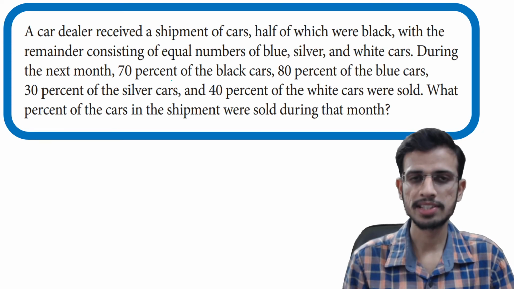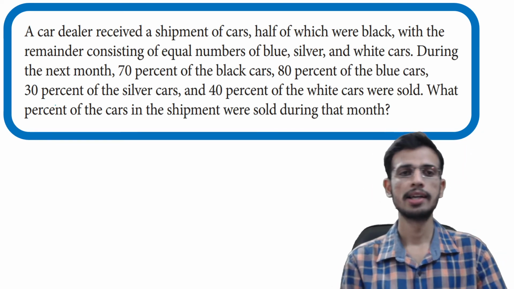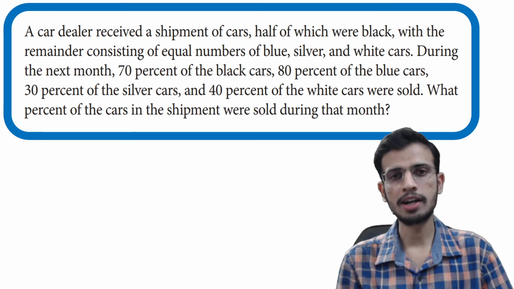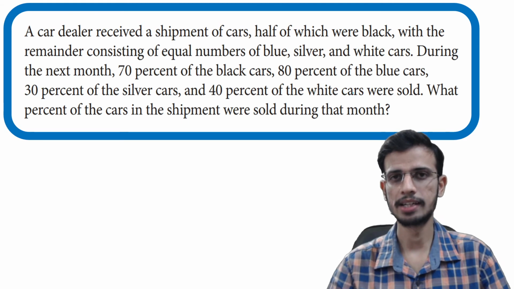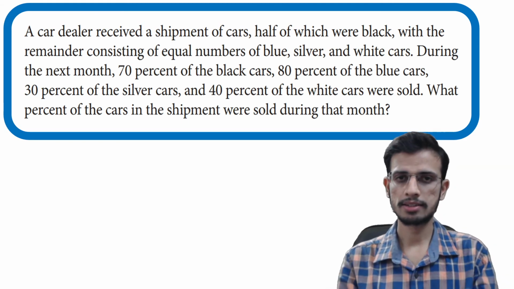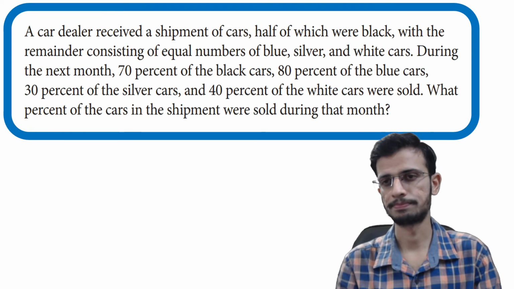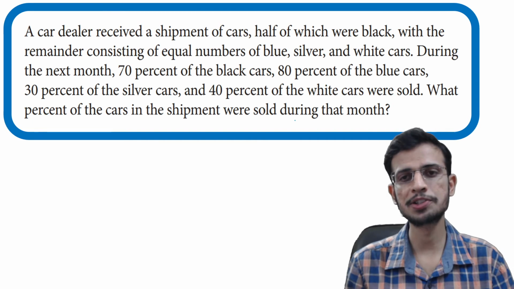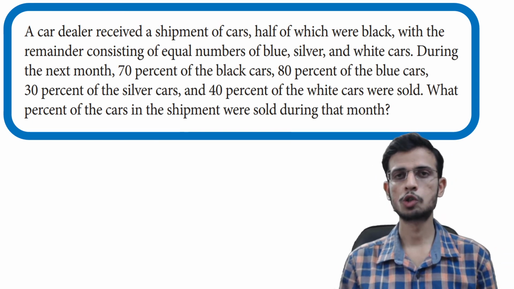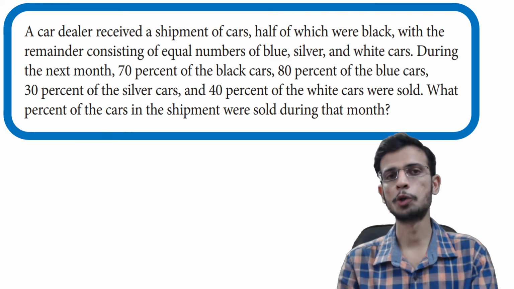During the next month, 70% of black cars, 80% of blue cars, 30% of silver cars and 40% of the white cars were sold. What percentage of the cars in the shipment were sold during that month? Total, what percentage of the available cars got sold?